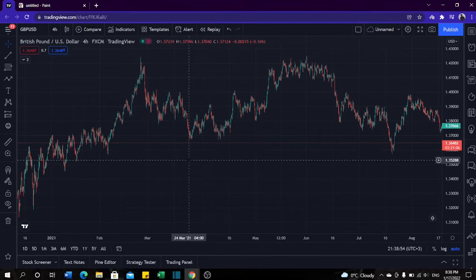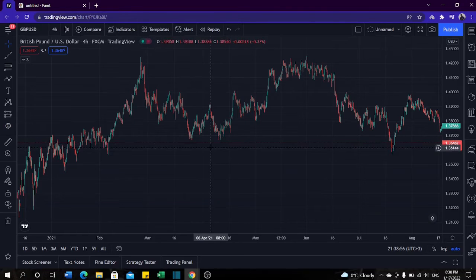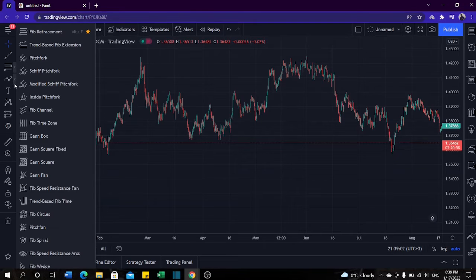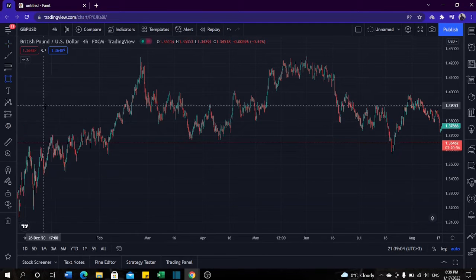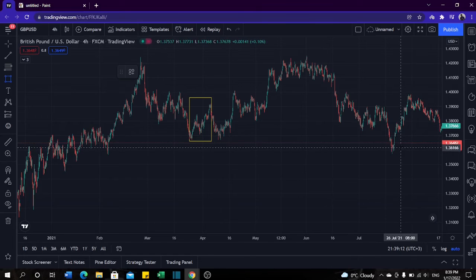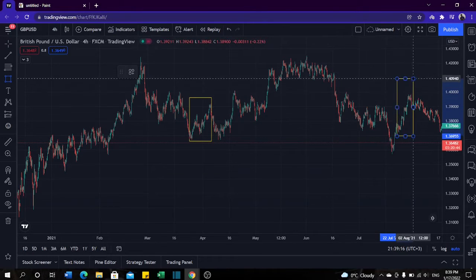So let me use this area. I'm going to use this short uptrend we saw in this market, and another area I'm going to be able to show you how you can use a Fibonacci properly is going to be in this area during this uptrend.